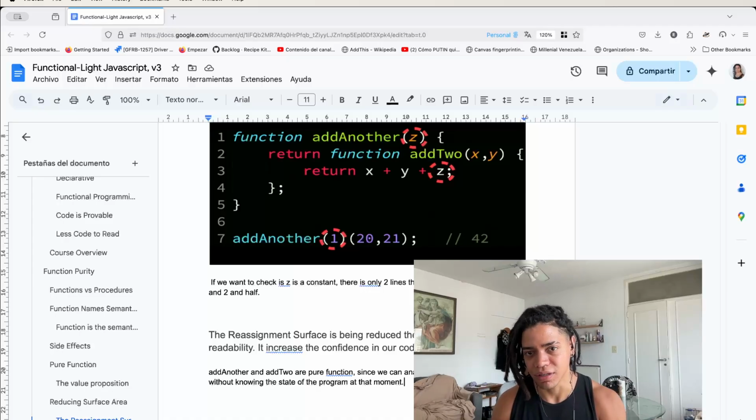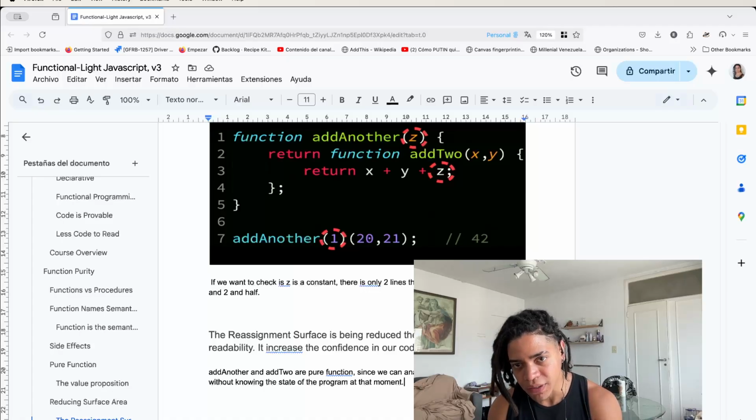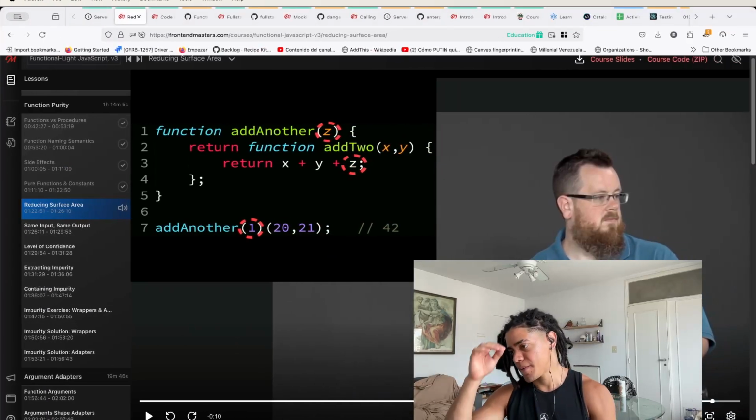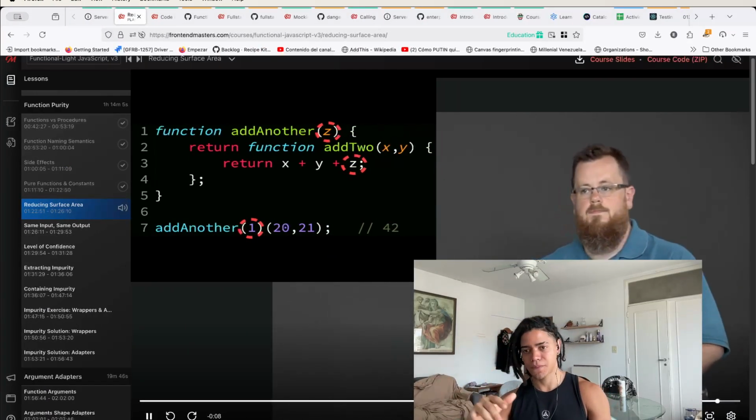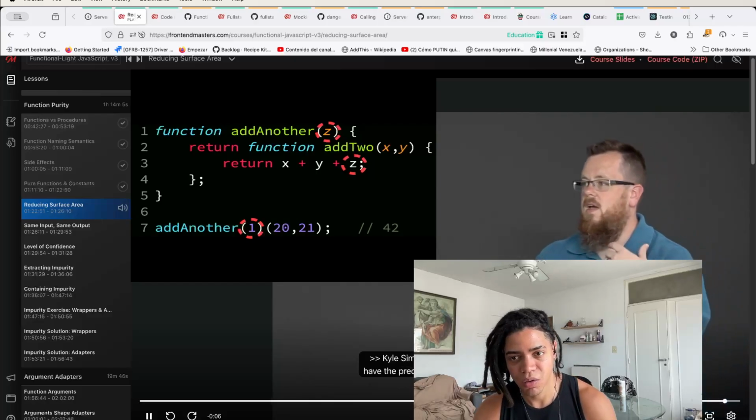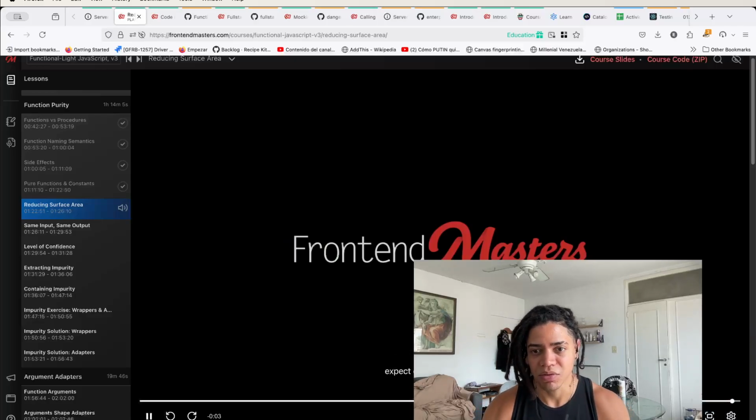Therefore, making these pure functions, and with that we increase the confidence that this function can be analyzed independently without knowing the current state of the program at that moment.